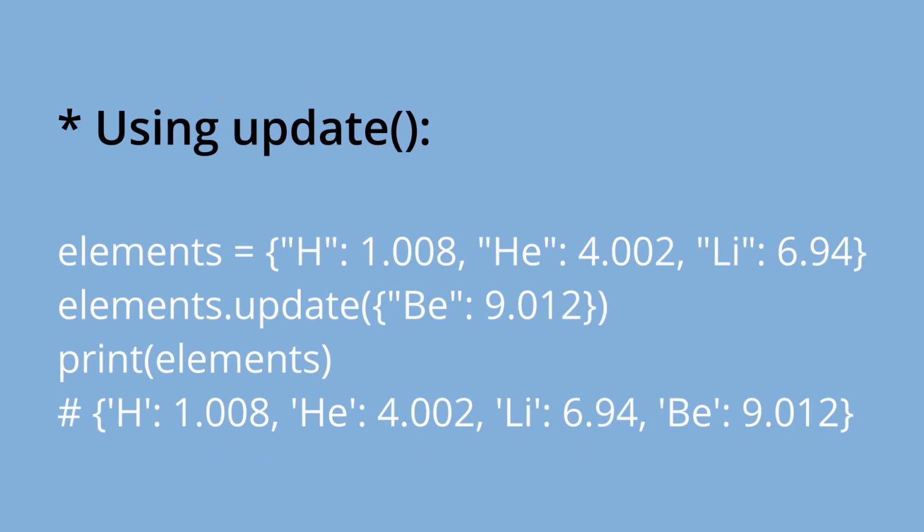Adding with update method: elements.update({'BE': 9.012}). If you print elements, you see BE 9.012 added.